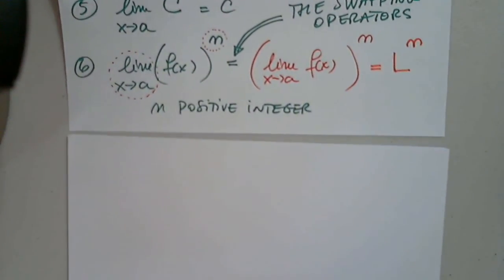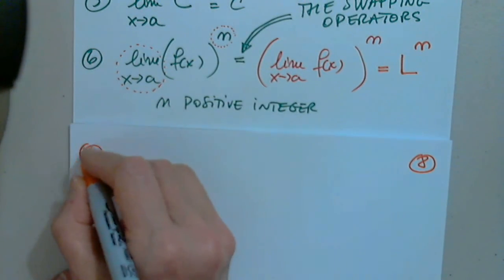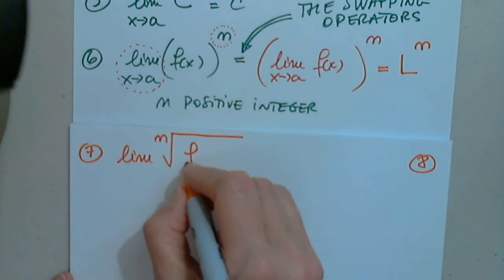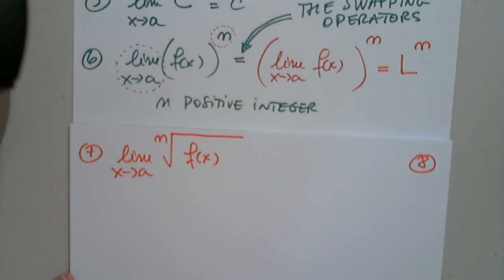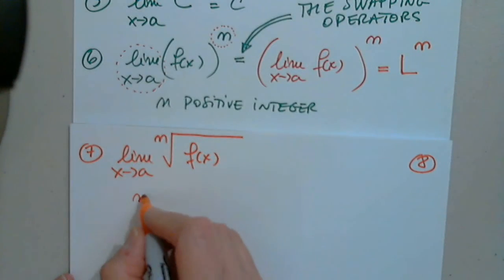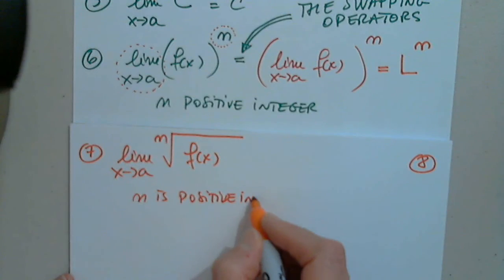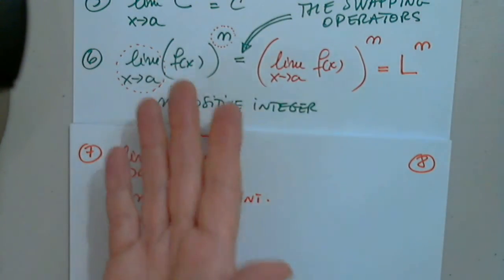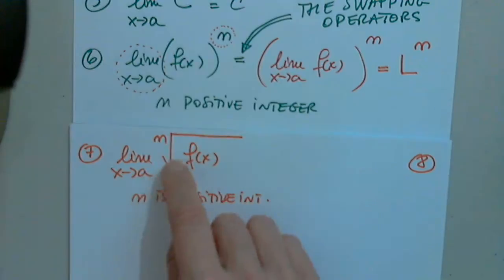Number 7. We have the limit of the nth root of f of x as x approaches a from either side. Of course, n is a positive integer. And you could say, what are you talking about? This is the same thing as number 6. Power n, right?